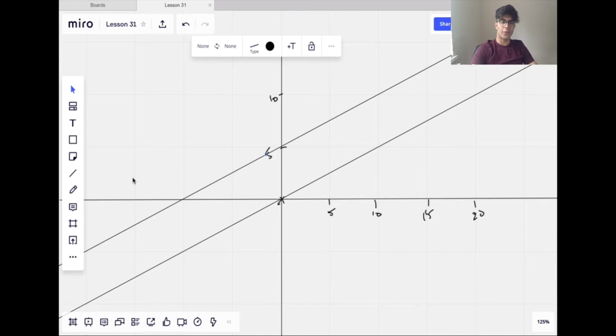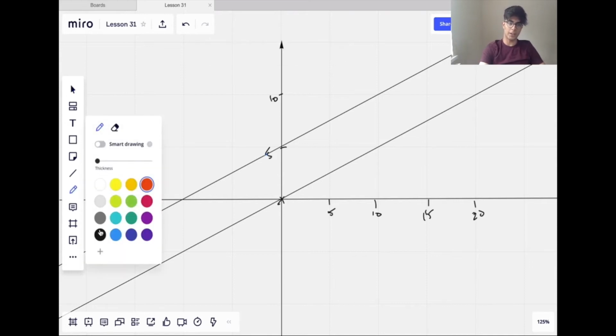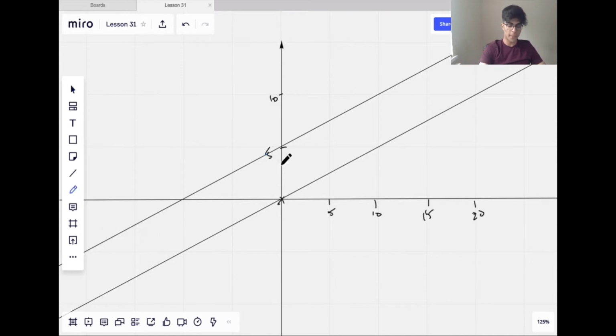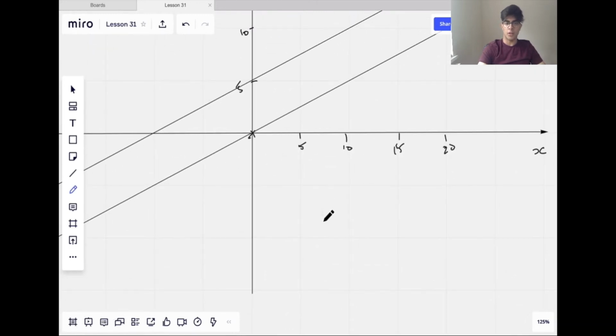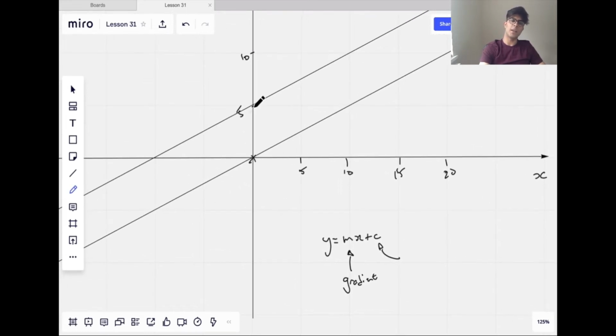So I've cleared some of the stuff away, so we can talk a bit more about the y-intercept now. Remember, if we go back to the equation of the line, we talked about y equals mx plus c. And now we've established that m is the slope, or the gradient, which is the correct term. And remember, we talked about how c meant how much the line would shift up or shift down.